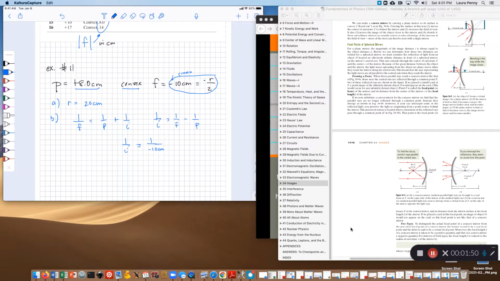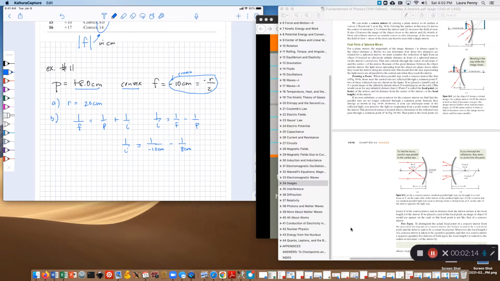It's a negative focal length, so I need to put it in as a negative. And then minus 1 over the object distance, which is 8 centimeters. Now, I can leave these things in centimeters as long as I'm willing to accept my answer in centimeters, and I am. You can leave things in centimeters as long as they're all in centimeters, and that will work out in this chapter.